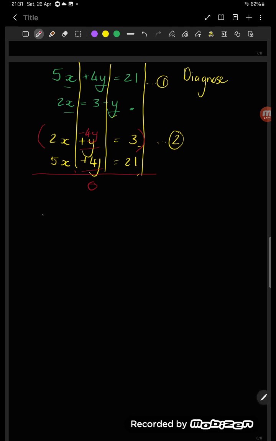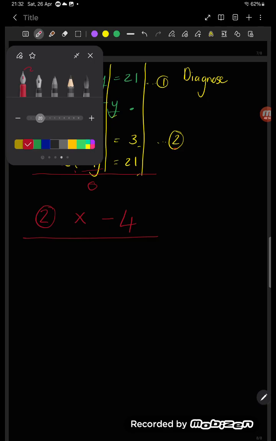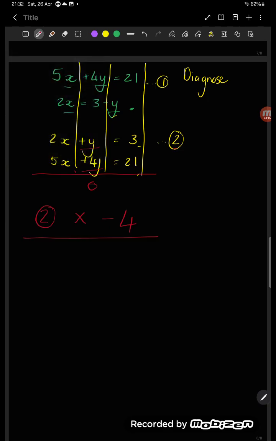So I'm going to say equation number 2 times minus 4. Now you've got to times the whole thing by minus 4, in other words, the whole of the left hand side and the whole of the right hand side.